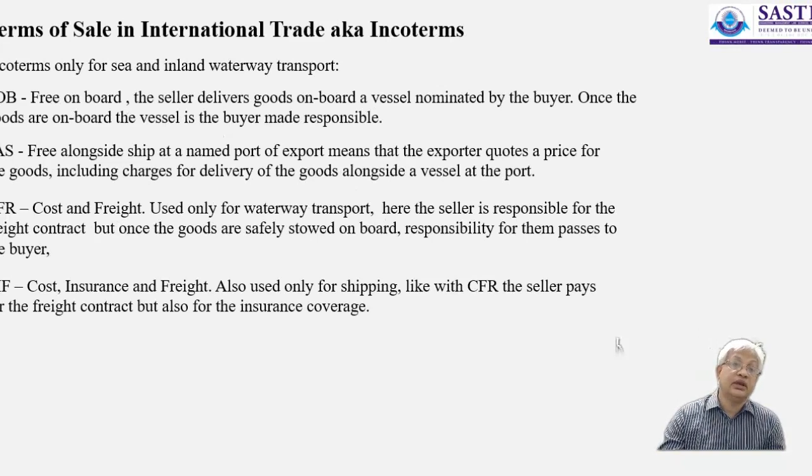So, let us look at a very common terms of sale which is used, which is FOB, FAS, CFR and CIF. So, in a sea shipment, we have taken only these 4 different terms of sales because ocean, sea shipments are one of the largest mode of transport used in the world for export trade.